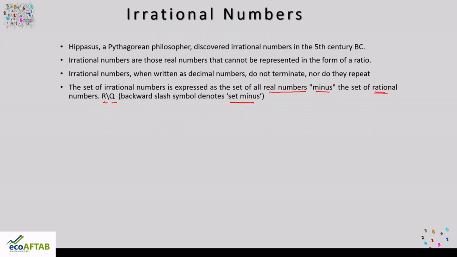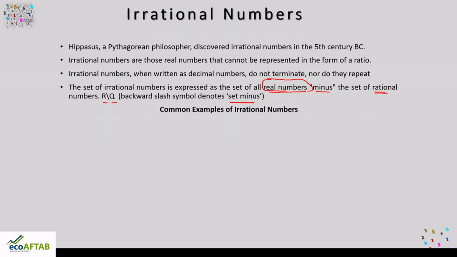So the set of real numbers minus the set of rational numbers gives us irrational numbers. Now friends, we have brought into the picture one more number set, and that is real numbers.